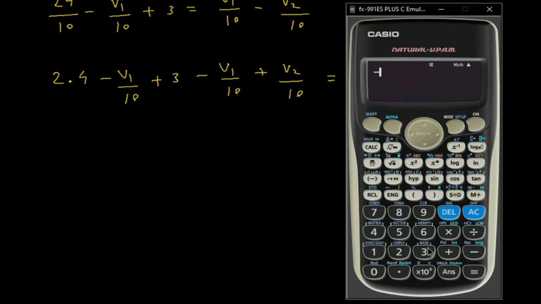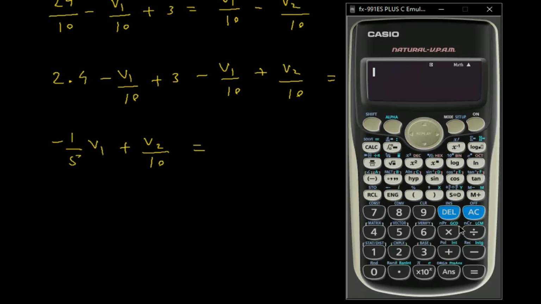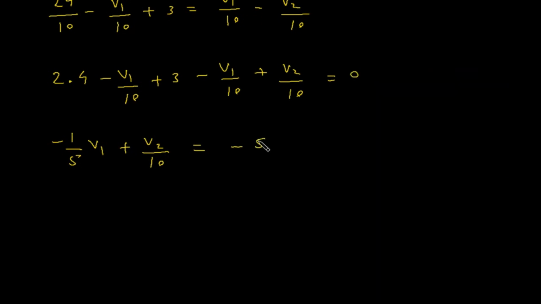So this will be minus 1 by 5 V1 plus V2 by 10 is equal to 2.4 plus 3, so minus 5.4. Let's say this is equation number 1.